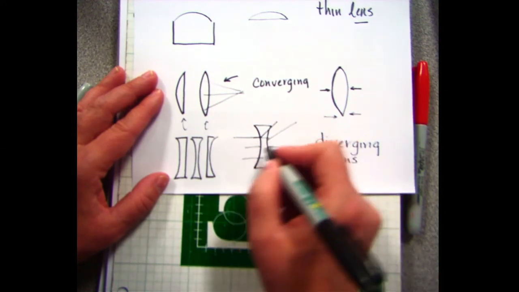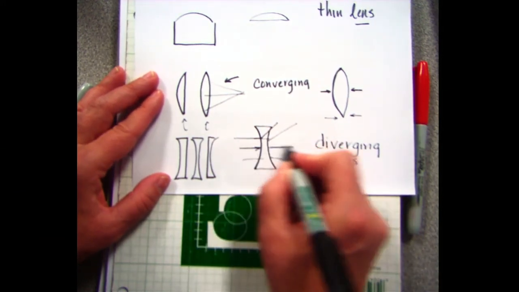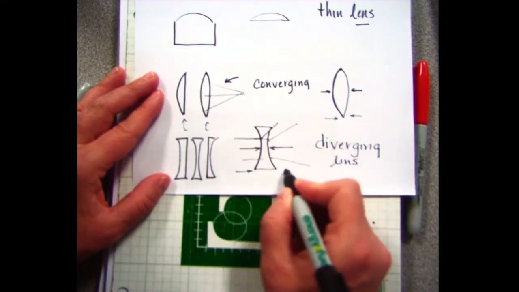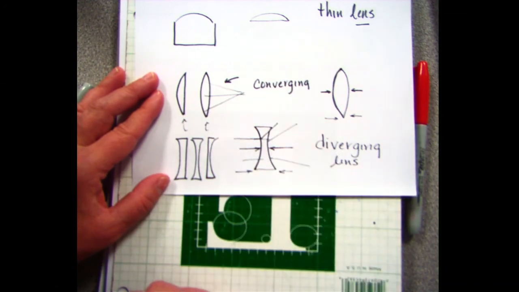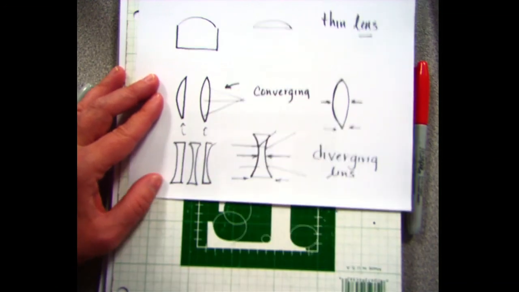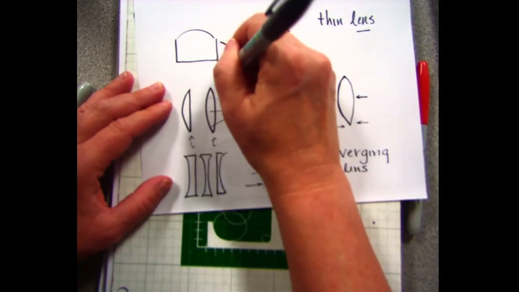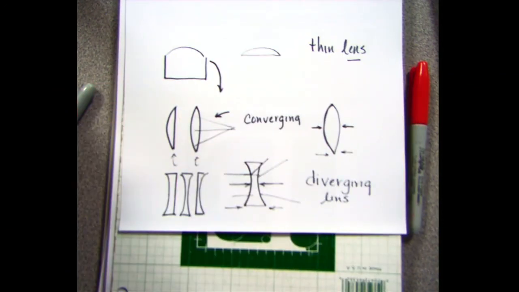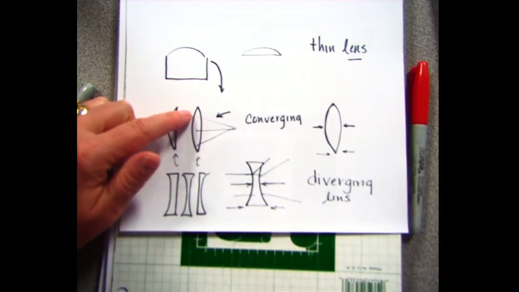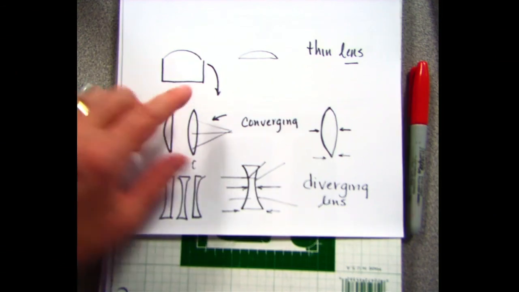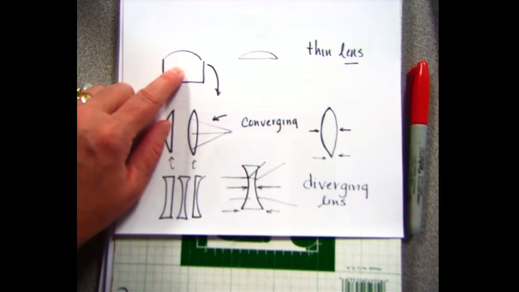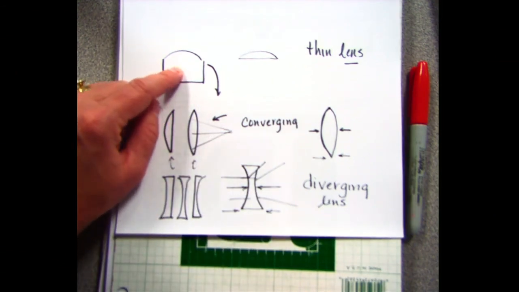But the thing about these is they're thinner at the middle than they are at the ends. So we move from something that's thick to something that comes in to look like this, and that we can disregard this index of refraction associated with the problem.